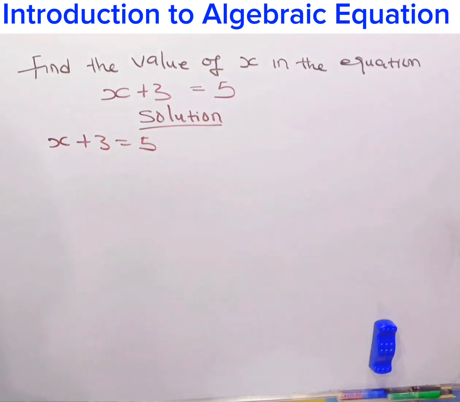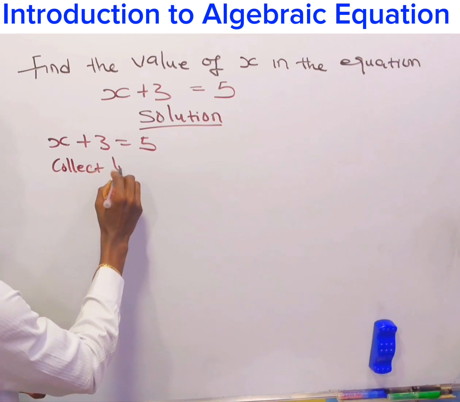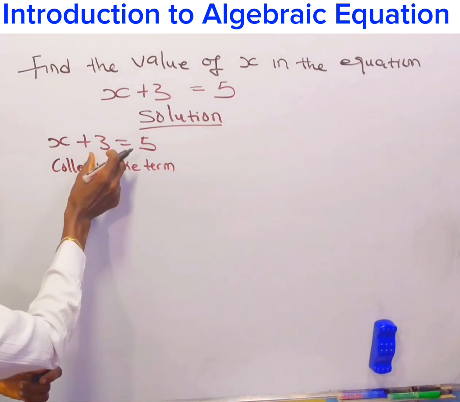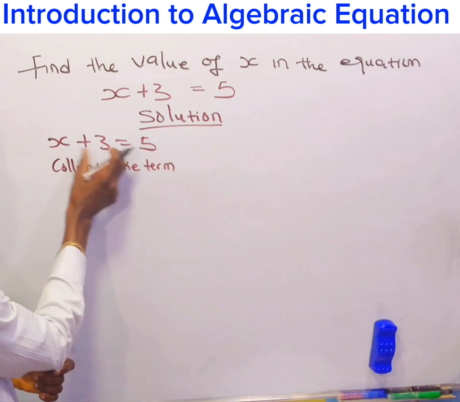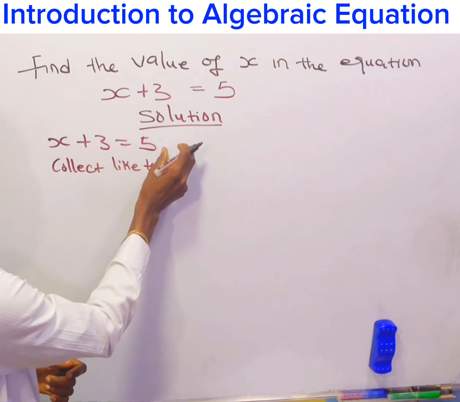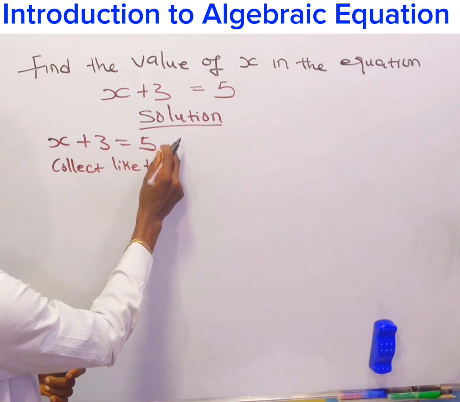The first one is collecting like terms. Collecting like terms here means we will move positive 3 to the other side of the equation. Positive 3 will cross the equal sign to the back of 5. Now positive 3 crossing equal to will become negative 3.